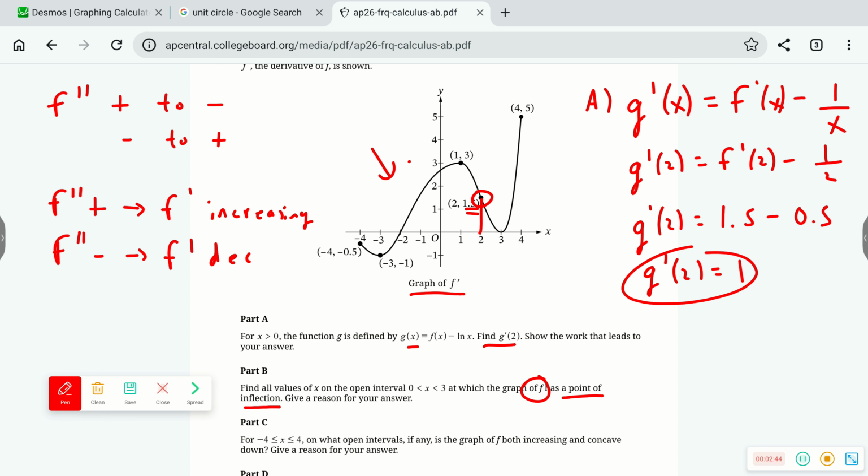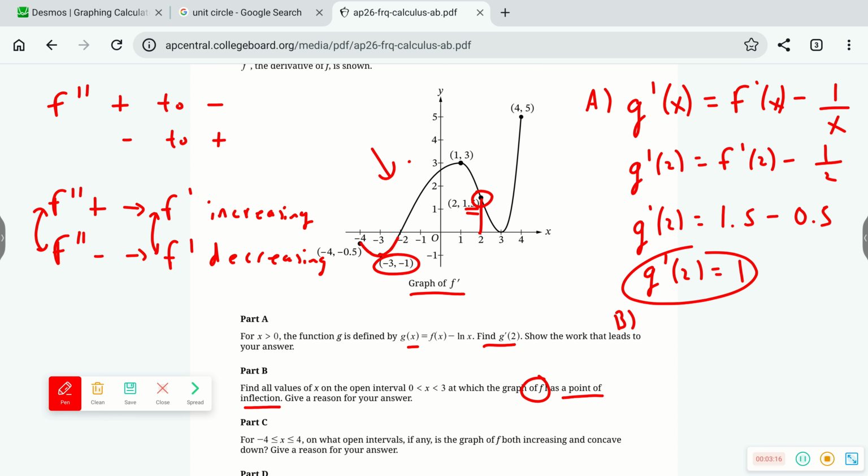Similarly, it's decreasing. So when I transition from positive to negative for f double prime, that means f prime transitions from increasing to decreasing or vice versa. So I'm looking at f prime, it transitions from decreasing, right there. At this point, it begins to increase. So this is one point of inflection right here. Not of the graph we're looking at, but of the graph of f, that's what's asking.